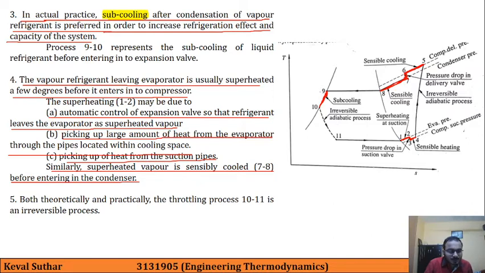Both theoretically and practically, the throttling process 10 to 11, that is over here, is an irreversible process. That is, 10 to 11 will be an irreversible adiabatic process where the entropy is increasing.